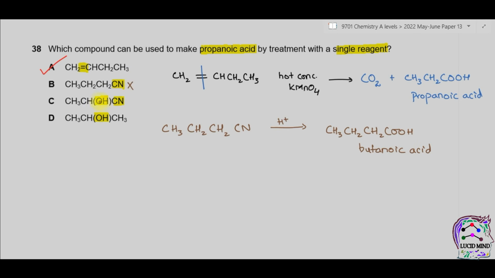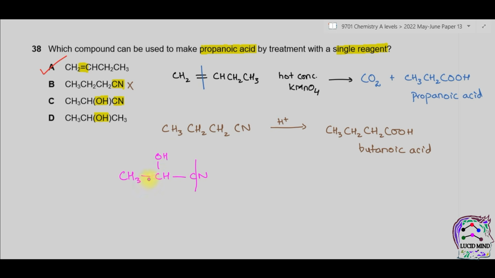In C, we can see we have a secondary alcohol, we also have a CN. Structure is like this, CH3, CH, then we have an OH and CN. Now again we can make this into carboxylic acid, but this part is oxidized to ketone, it cannot form carboxylic acid.